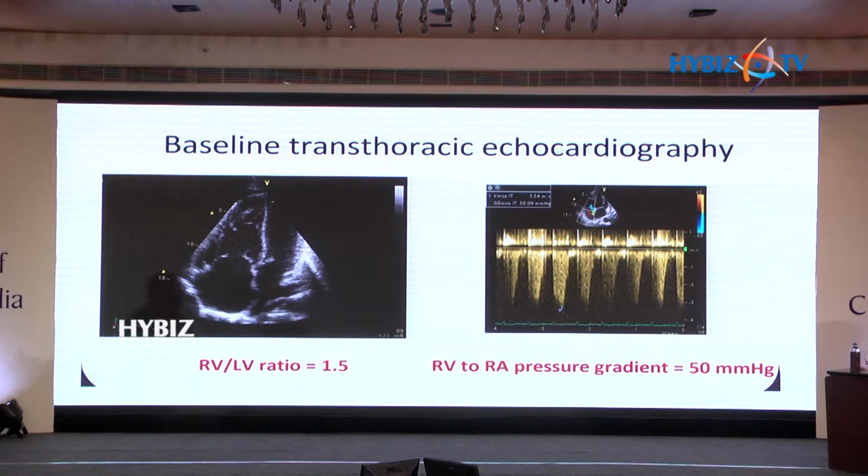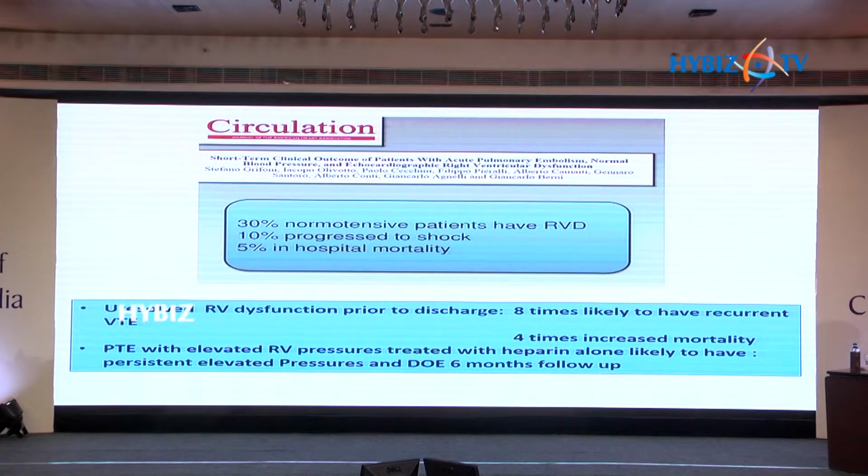Also, it is known that patients who present without hypotension, but have right ventricular dilatation and cardiac biomarker elevation, are the ones who have a poor prognosis. In fact, 10% of them progress into shock in the hospital, and 5% of them may succumb to this. So it is very important to recognize this factor in patients who present with pulmonary thromboembolism.